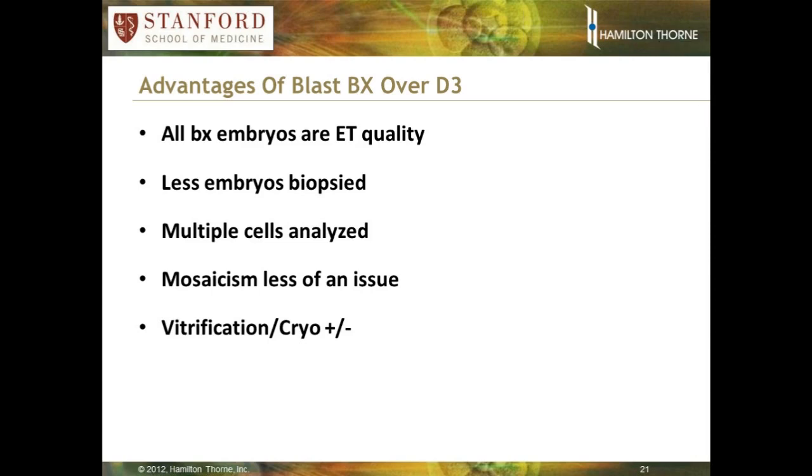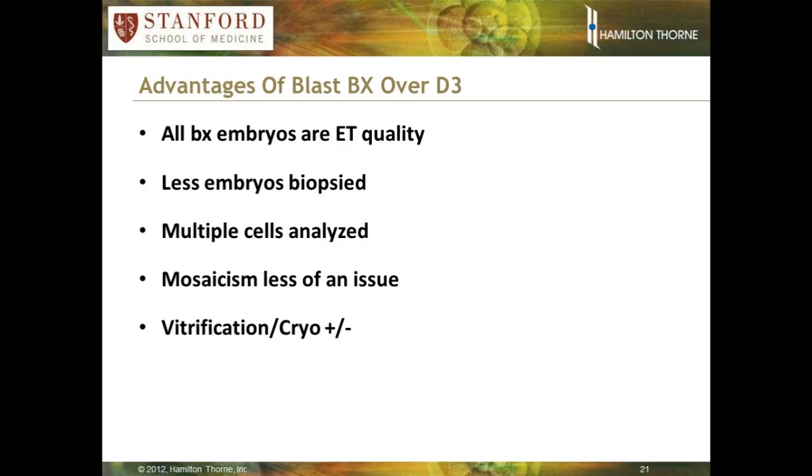Biopsying only those embryos that are transfer quality makes sense. With day 3 biopsy, approximately 40 to 60% of the embryos you biopsy do not make it to the transfer stage, and hence money and time are spent on biopsying embryos that don't make it to transfer stage.